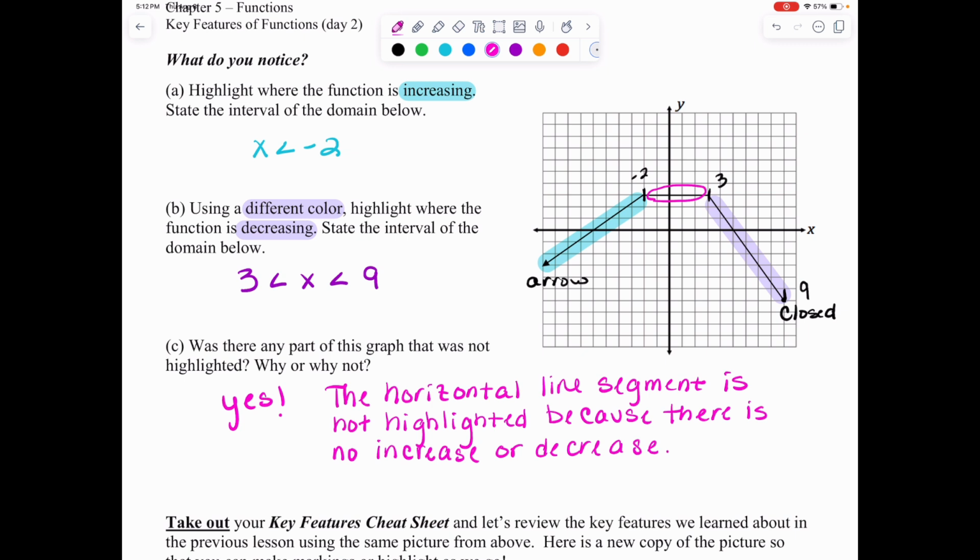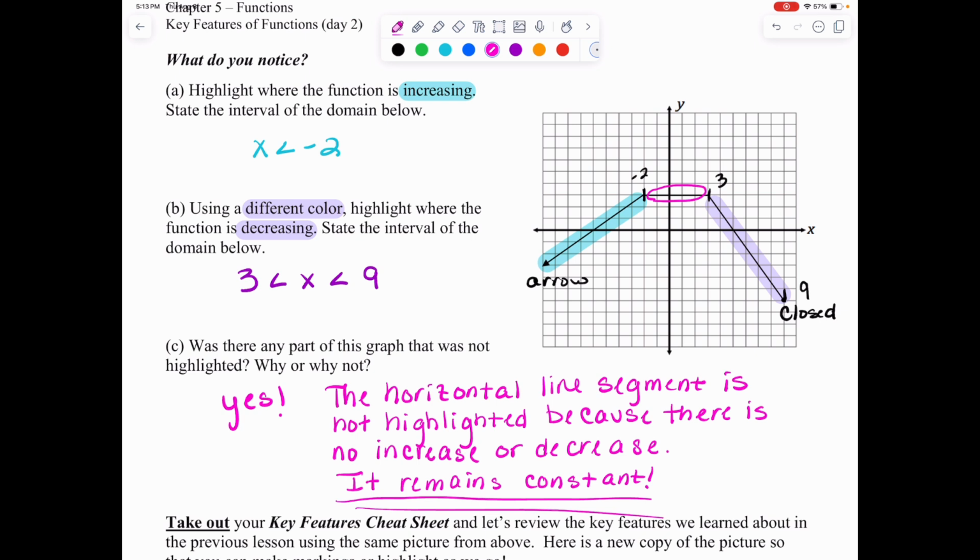The word we have for this is that it remains constant. Okay, it remains constant. So there may be portions of the graph that are neither of those things. And that was one added little piece of extra information that we wanted to go over with you separate from the previous lesson.